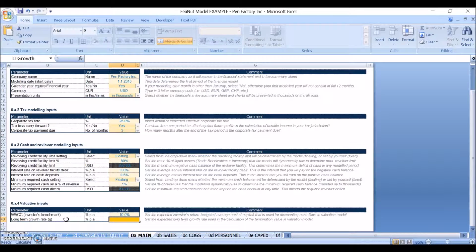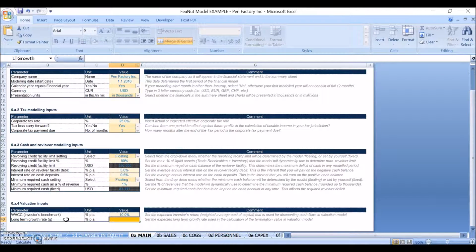A benchmark for this growth rate that you can select could be something close to the annual rate of inflation, because you cannot expect that over the long term your company will grow at the same rates at which it may grow in the first years of your startup business, where the growth rates can be quite significant on an annual basis.